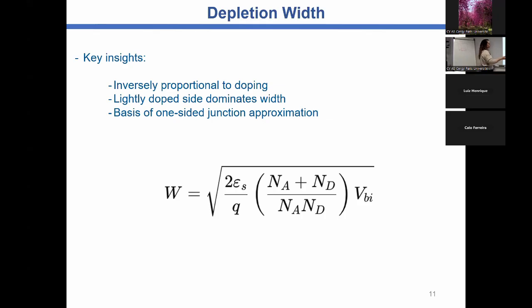So to know the width, in this case, silicon N-type, P-type, or also applied to gallium arsenide, these are the traditional semiconductors. We can apply it in terms of the dopings.